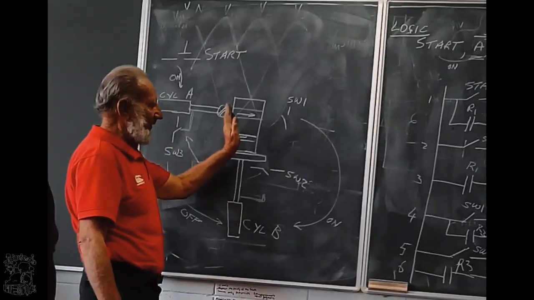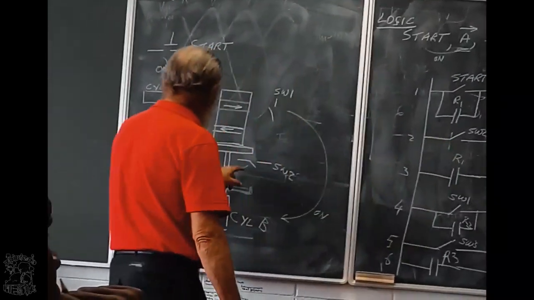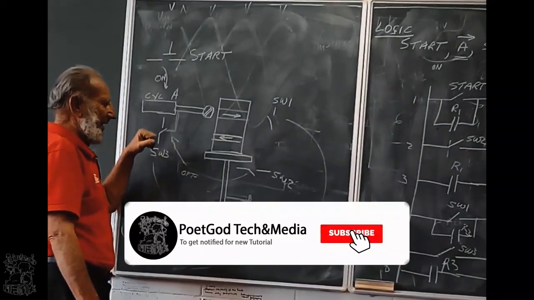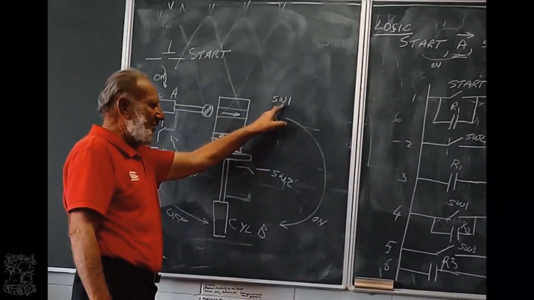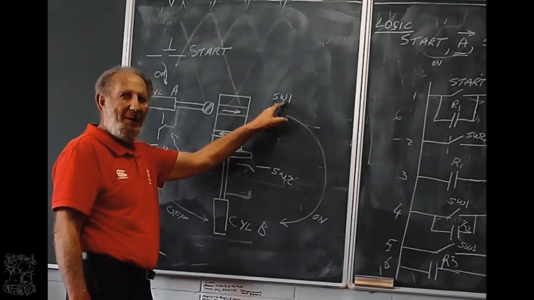This one is moving up. It touches switch 2. So that means it's cutting the bottom groove, it comes back. The moment it starts coming back, it's not touching switch 1 anymore. Okay?